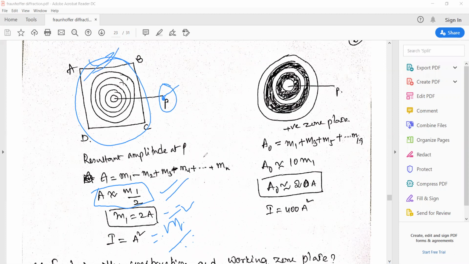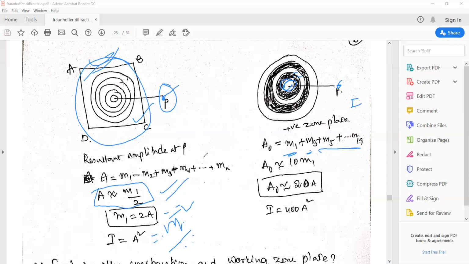Now, due to the odd zones or even zones, what will be the amplitude and the intensity at point P? Will it be the same as this one, less than this one, or more than this one? A positive zone plate means odd zones are transparent. So the first zone is transparent, the second zone is blocked, the third zone is transparent, the fourth zone is blocked. All even zones will be blocked, so only light from the odd zones comes. m1 is due to the first zone, and m3 is the third zone amplitude.